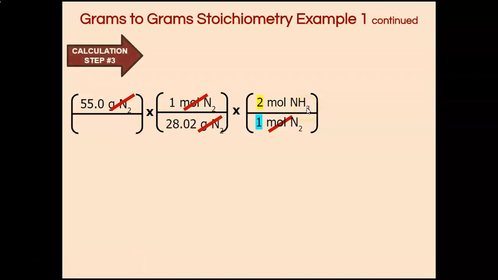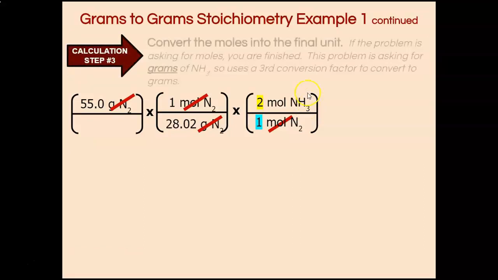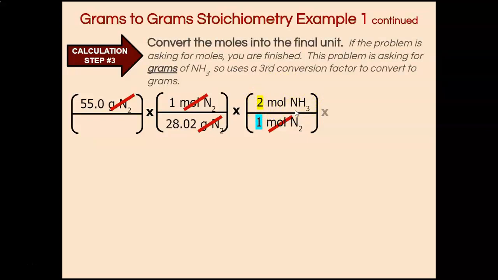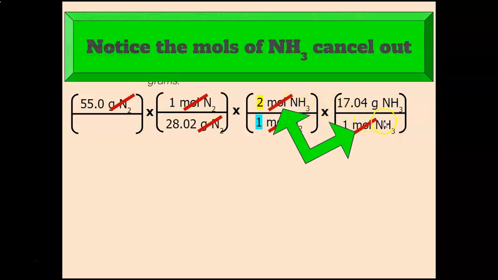So our final step is to convert these moles into the final unit. For this problem, we're going to go to grams. So 1 mole of ammonia on the bottom cancels moles of ammonia here, and that converts to grams of ammonia on top.